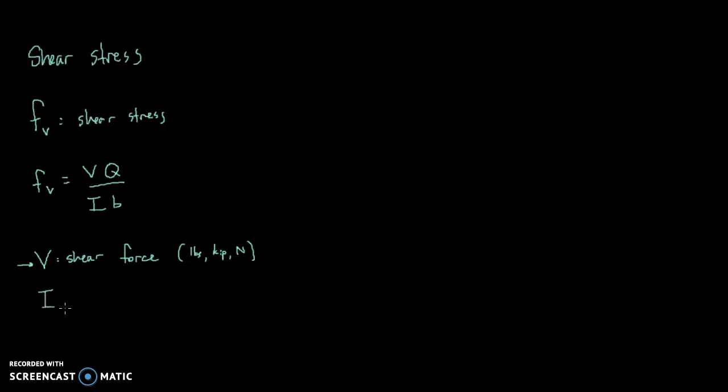I is the moment of inertia, and you can find formulas for this inside the back cover of the book for some basic shapes like rectangles, circles, semicircles, triangles. For a rectangle, which is the most common shape we deal with, I is equal to 1/12 base times height cubed, 1/12 bh cubed.